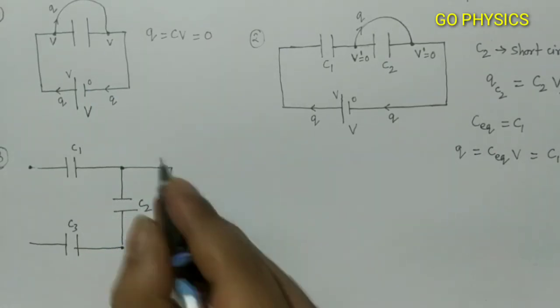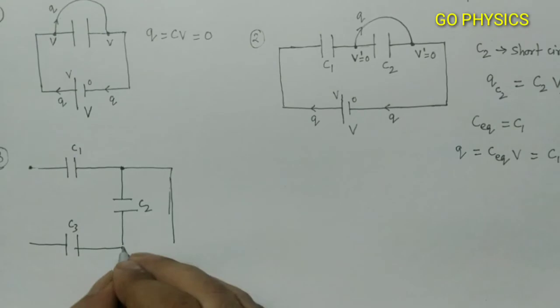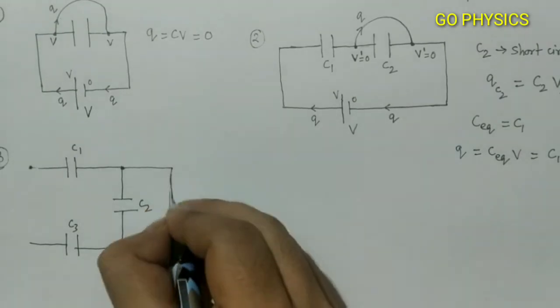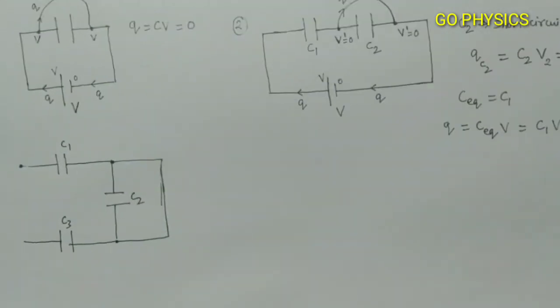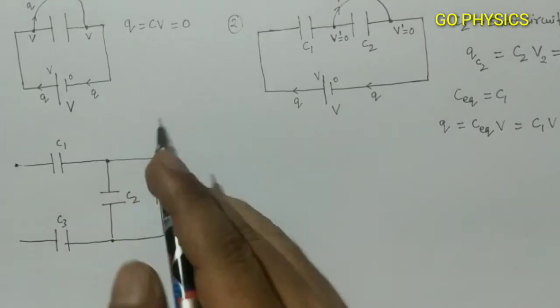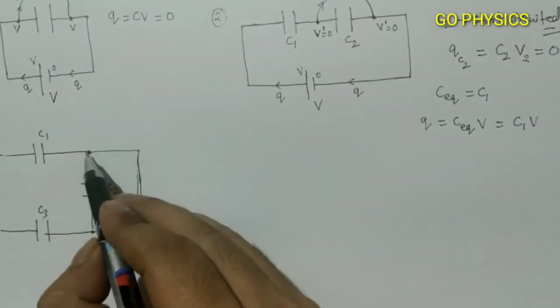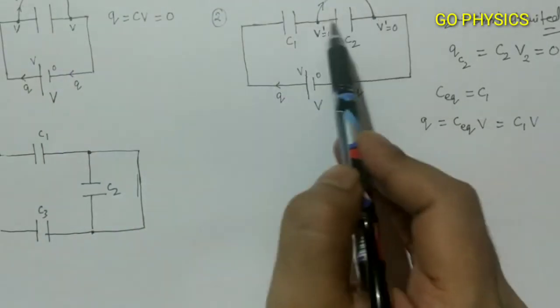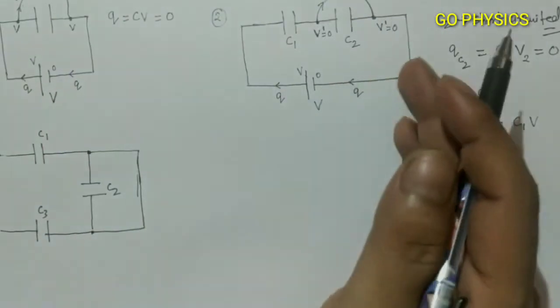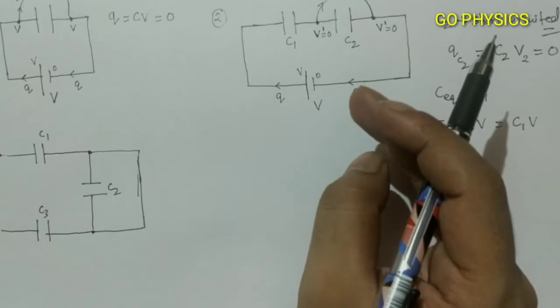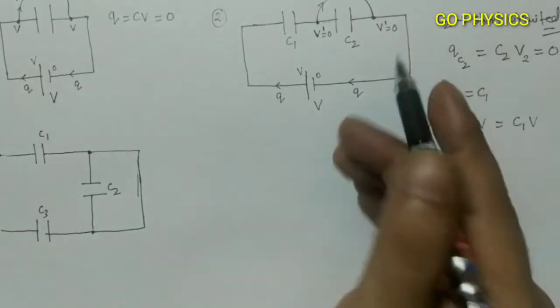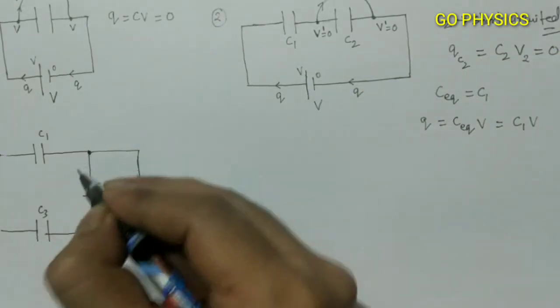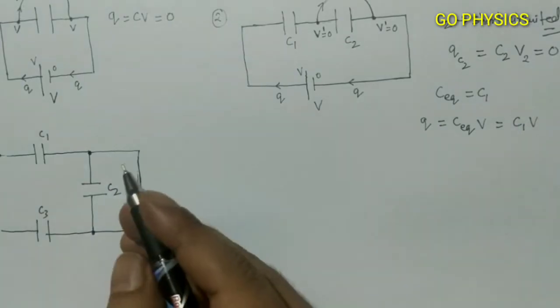This is the wire, a plain wire. One point that we know is that points connected directly by a conducting wire will have the same potential, that is, the potential of this point and the potential of this point will be the same.